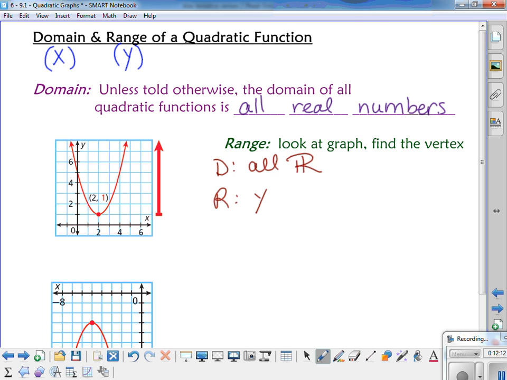Are they getting bigger or smaller? They're getting larger, right? So it's going to be greater than or equal to whatever the lowest point is. What is the y in this one? 1, right? So it's going to be y is greater than or equal to 1 for the range. Because 1 is the lowest number y is ever going to be, and then it's just going up from there to infinity. That's what the arrow on the end means, it's infinite.